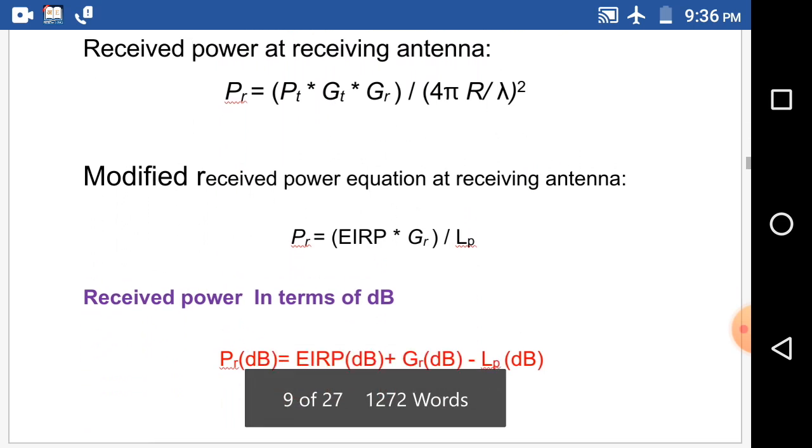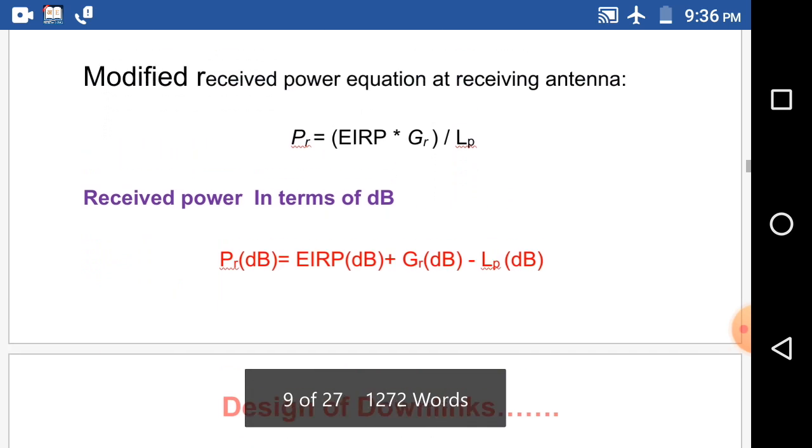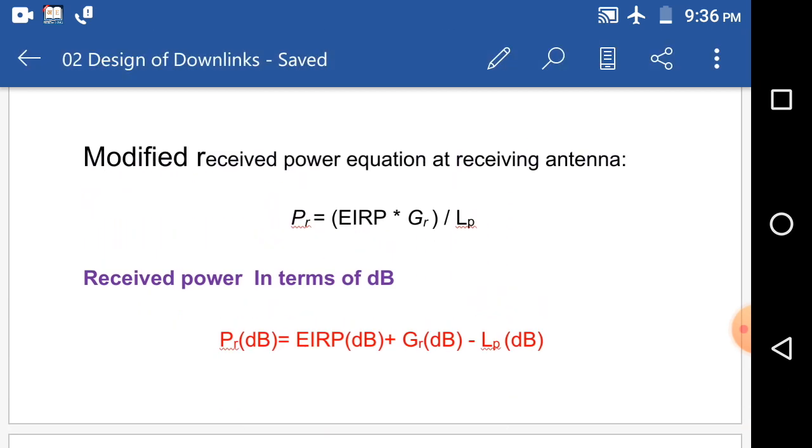The above formula we can write in terms of dB also. So received power in dB equals EIRP in dB plus gain of the receiver antenna in dB minus path loss in dB.